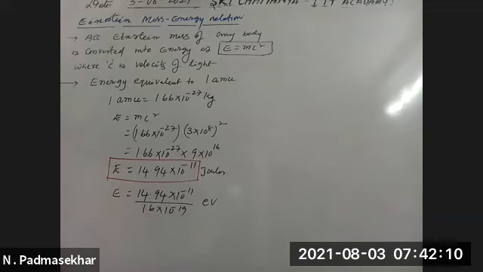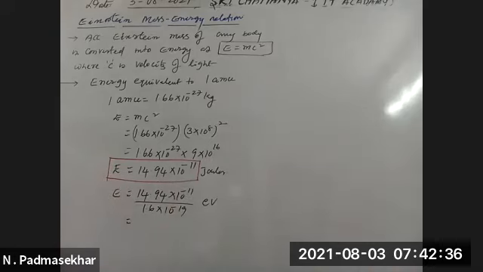This is in electron volts. 14.94 by 1.6 is nothing but 10 power 19.